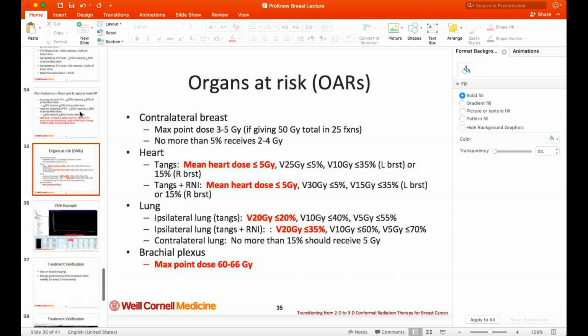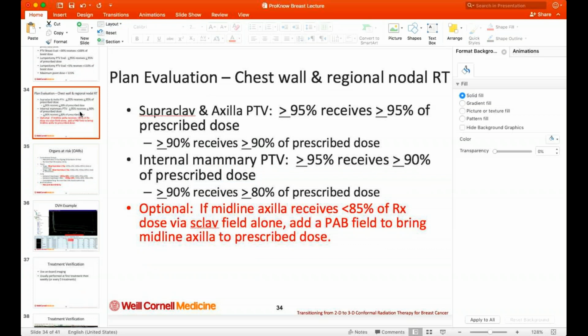So what I mean by that is, let's say you're evaluating on your DVH, what's the axilla level 1 getting? What's the axilla level 2 getting? What's the axilla level 3 getting? So I like to draw each axillary level out, because sometimes if you just say the axillary volume, you may not be able to tease out that the level 3 is kind of getting a lower dose than it should be.